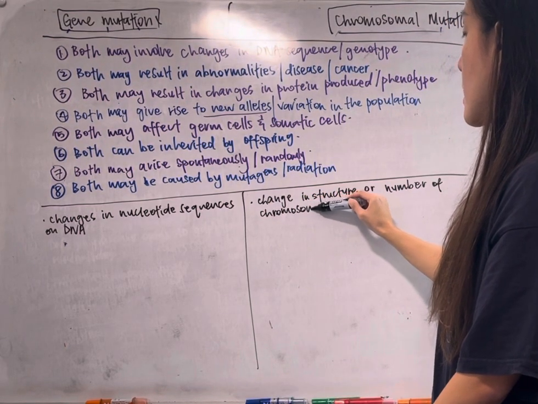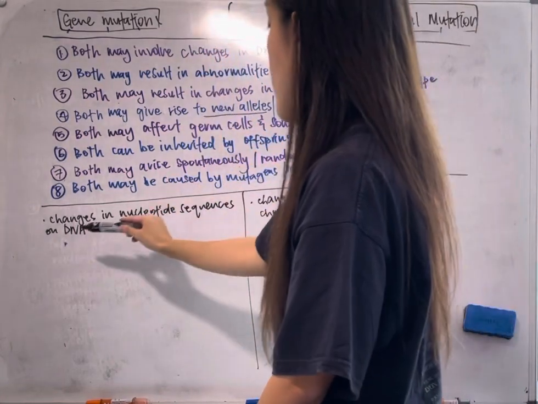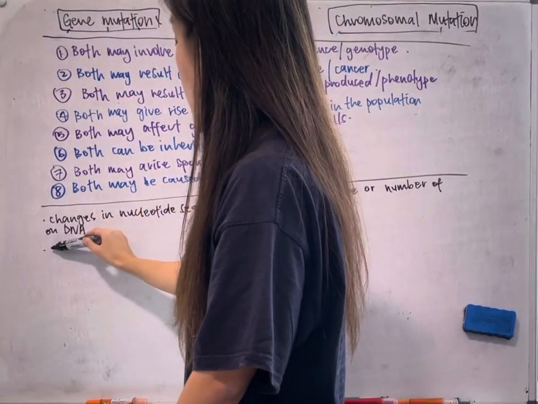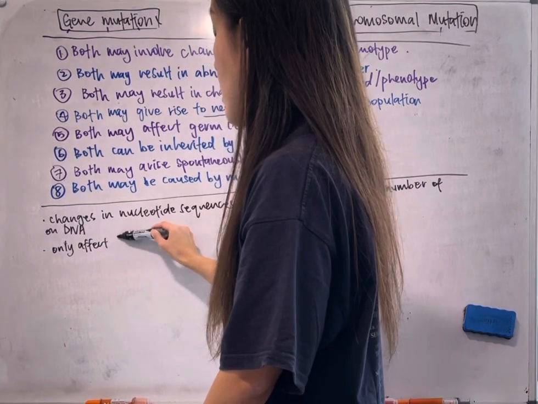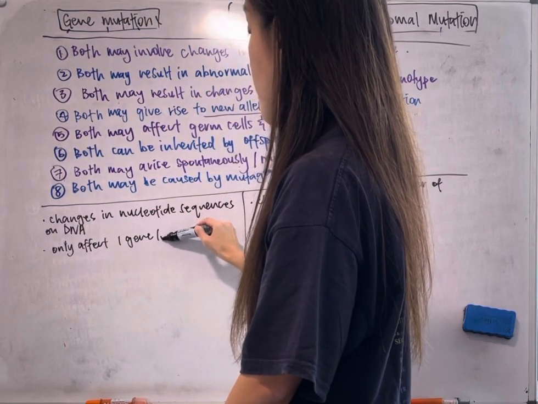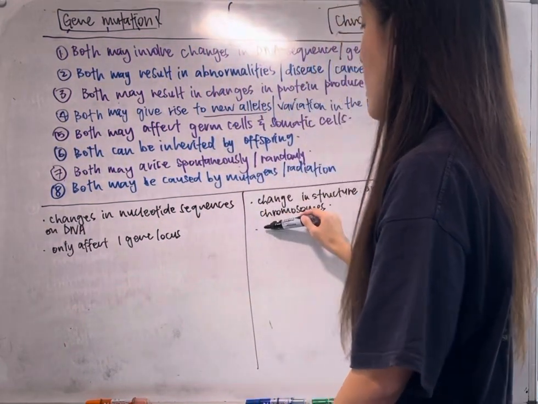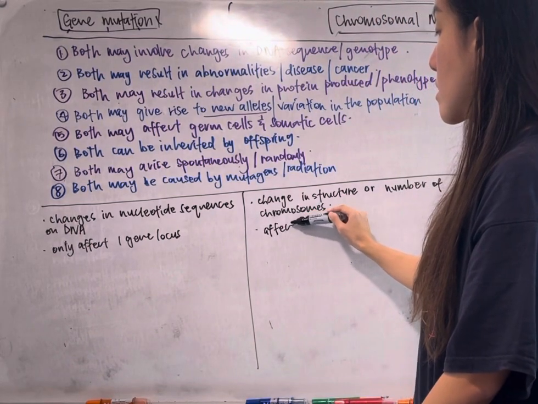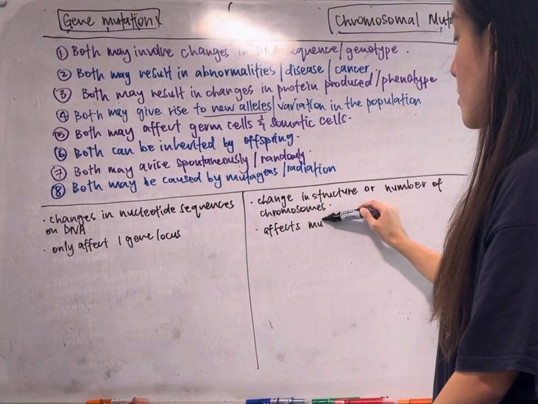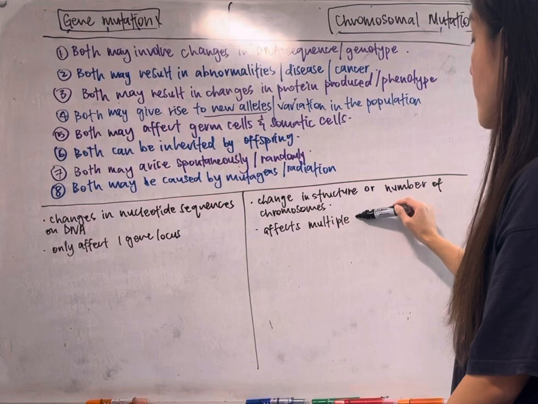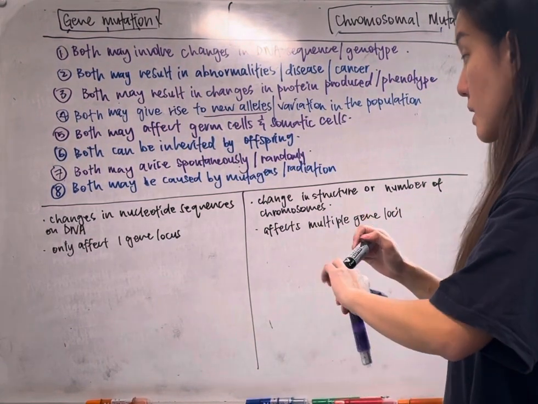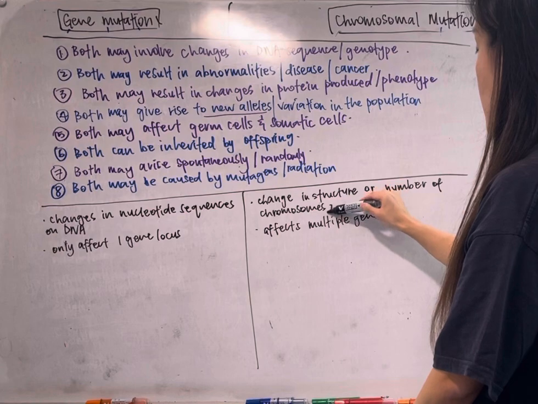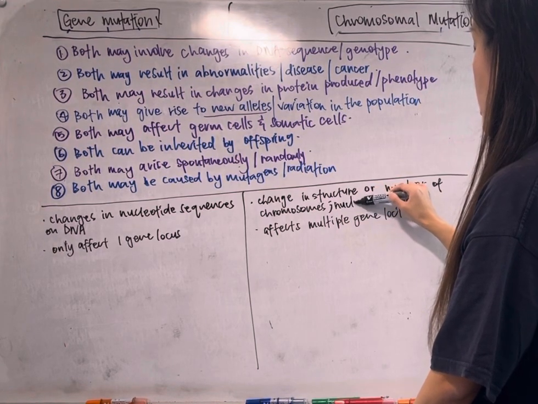You should know already, gene mutation tends to only affect one gene locus or one gene. But this one affects more than one gene locus, multiple gene loci at the same time. So, please take note. Oh, I forgot to write. Nucleotide sequence mostly unchanged.